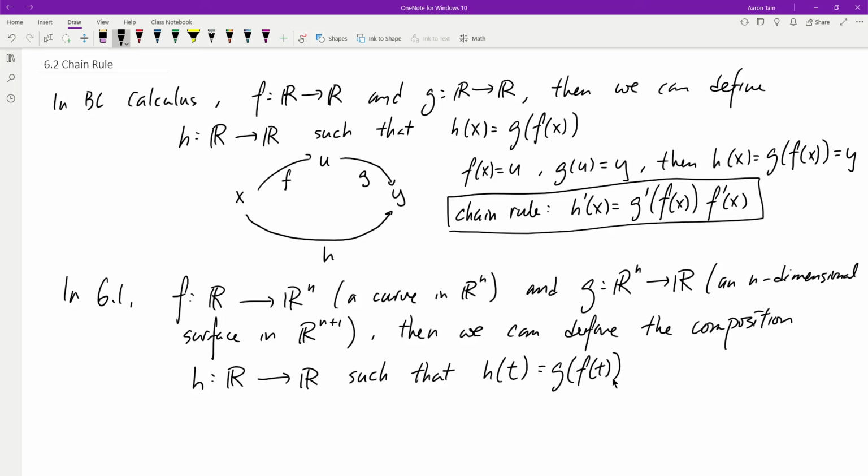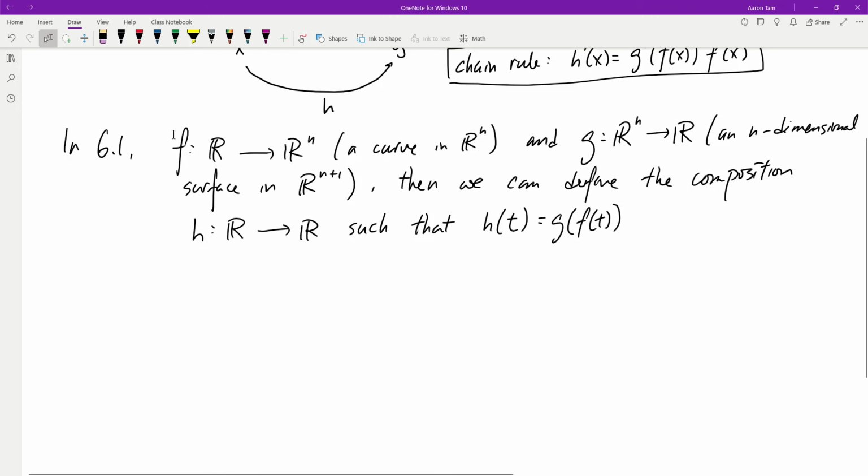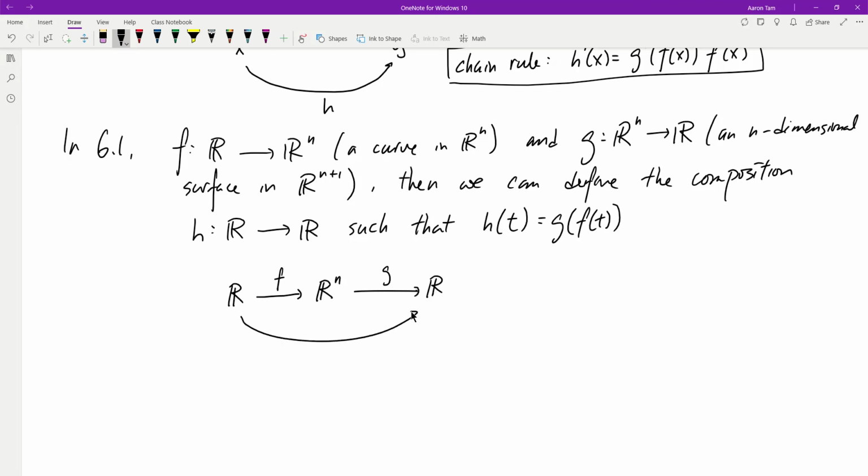So how does this work in this scenario? Well, first of all, the first thing you need to notice is that this function h takes R to R because it starts from R and goes through the function f to generate something in Rn, and then the Rn just so happens to plug into function g to go back into R, and then the function h directly goes from input to output.